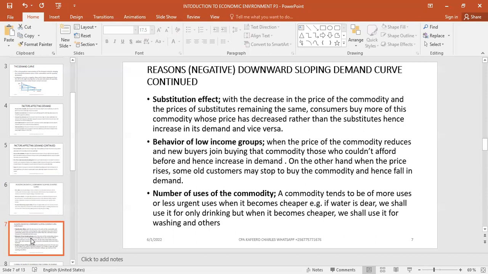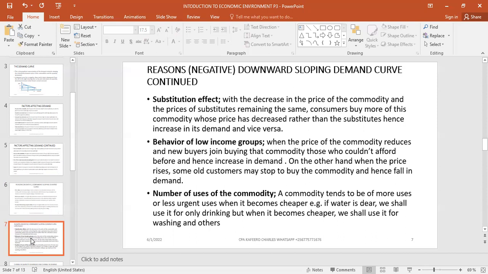When we say vice versa, don't just give it in the question like that. You explain the other way around. When the price of a commodity increases and that of the substitute remains constant, we expect that consumers will buy more of the substitute than the main product.